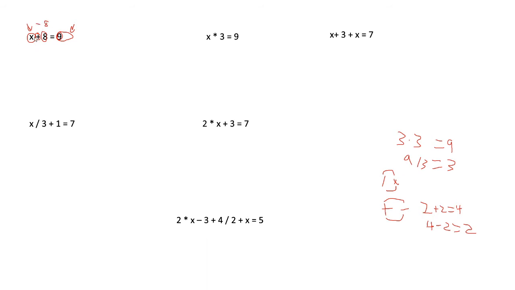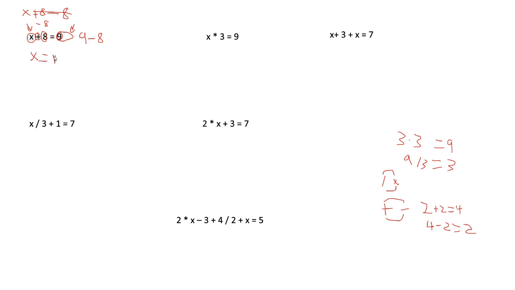And notice that when we subtract 8, right now we have x plus 8 minus 8. This plus 8 and this minus 8 cancel out, and we're just left with x, right? So now, what we do to one side of the equation, we also have to do to the other side. So now we have 9 minus 8 on this side, and 9 minus 8 is very simple, that's just 1. Alright, so x is equal to 1.